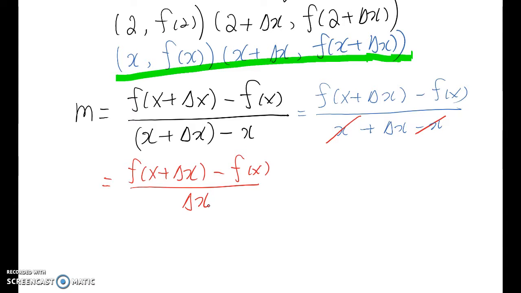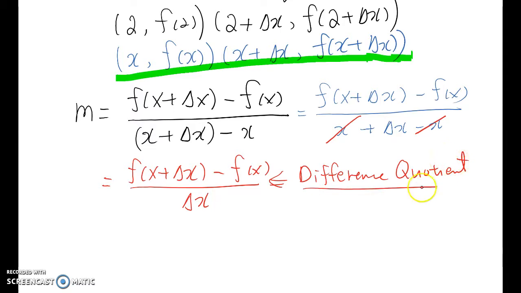This form is particularly called the difference quotient. This formula is really important now because we will apply this formula to define the tangent line slope as well.